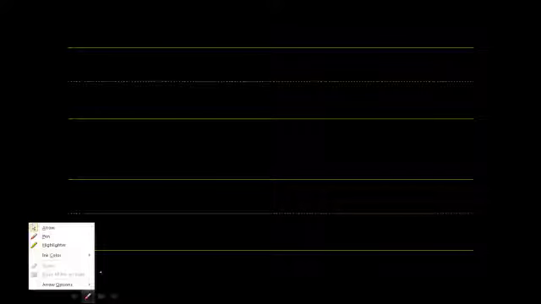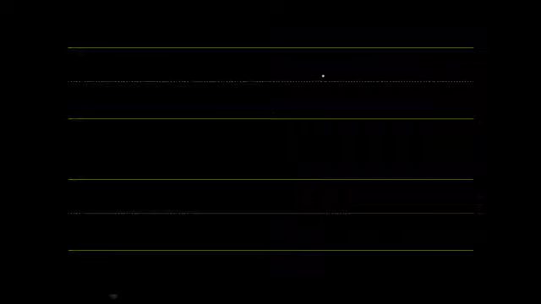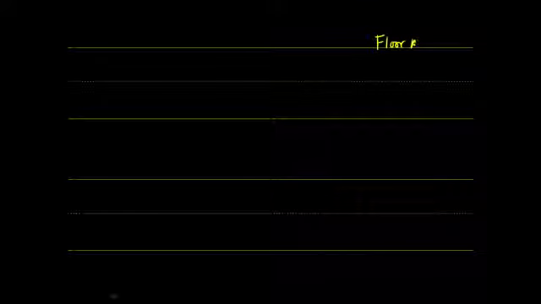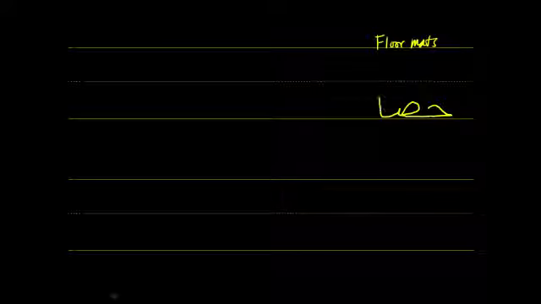I'm going to change my color here. Okay, so we're writing floor mats in Arabic. So we're going to write hasa'ir, ha, sa, like that. Teardrop and a notch and connect, and then hamza on the ya and the ra.